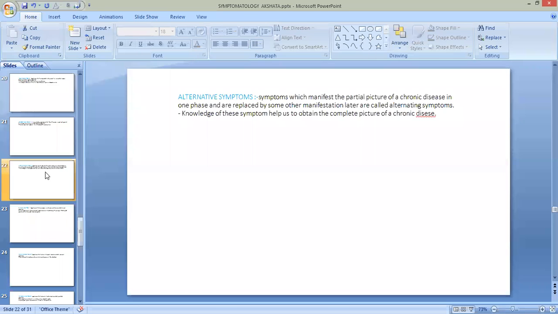Then alternating symptoms. The symptoms which manifest the partial picture of a chronic disease in one phase and are replaced by some other manifestation later are called alternating symptoms.